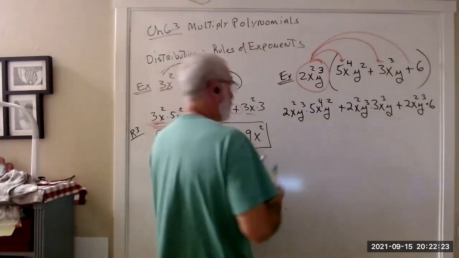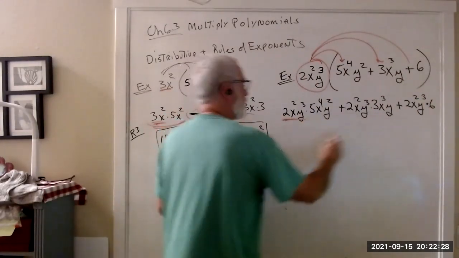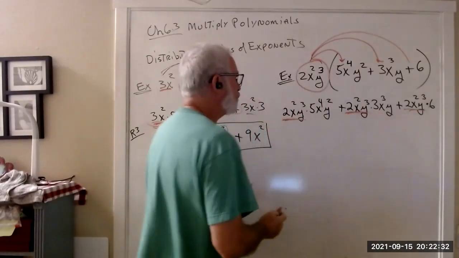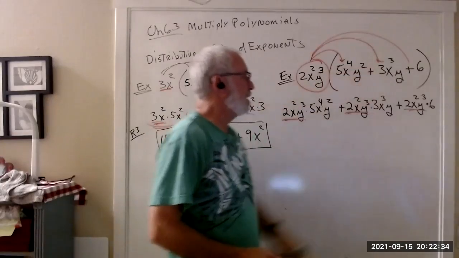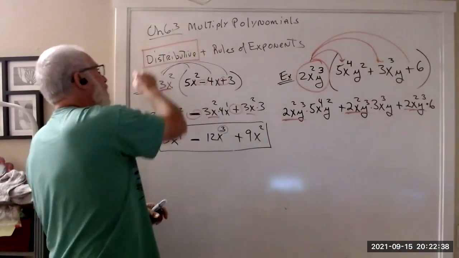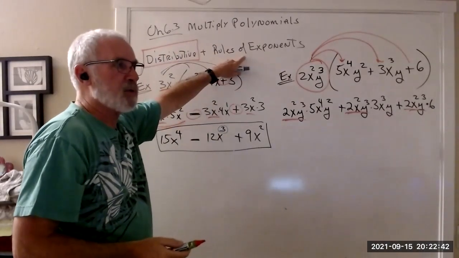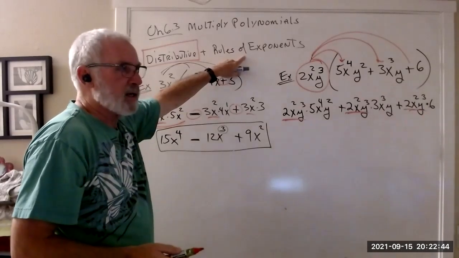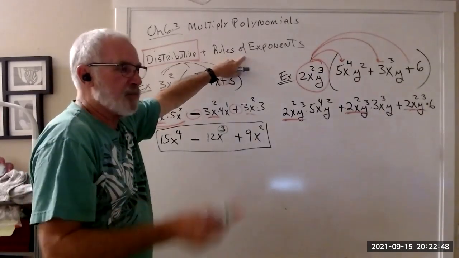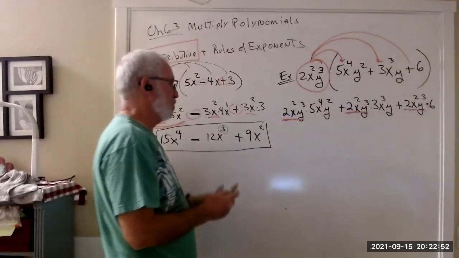So I've distributed the 2x to the second y to the third to each term inside. So that's the first thing I said here, distribute. And then I said, go back and use your rules of exponents. Usually 99 times out of 100, it's going to be rule number 3. Keep the base, add the powers.